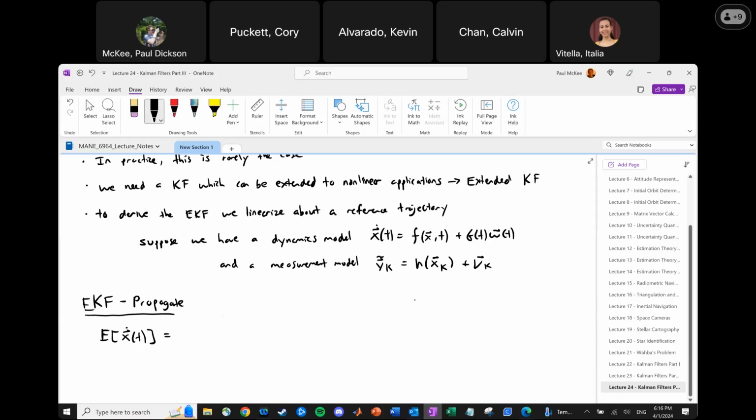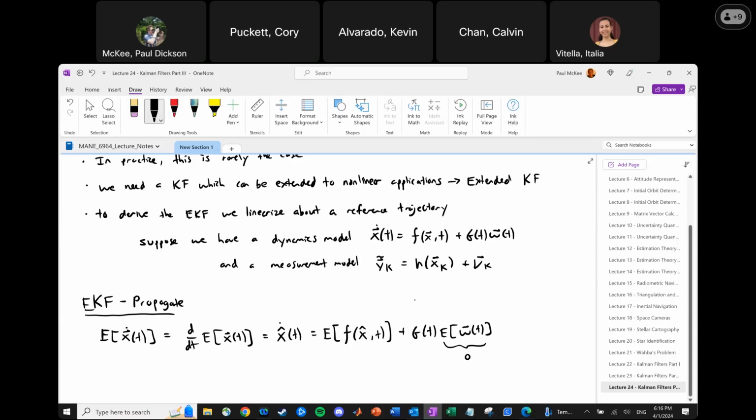Well, it is the same as the derivative of the expected value of the state, which is just x dot t, which is the expected value of whatever this function f of the state and the current time, plus g of t times the expected value of our process noise. But remember, the expected value of our process noise is 0, so this whole second term drops away.